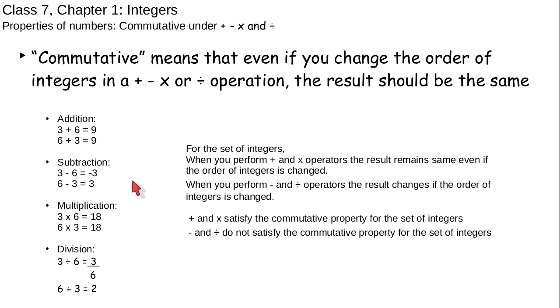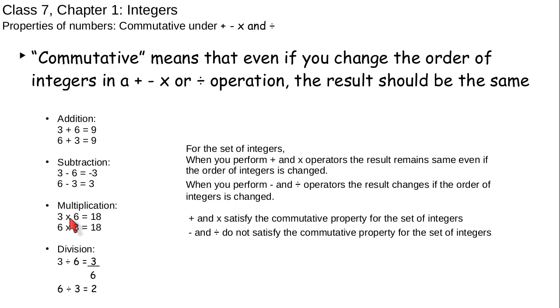Let's see what happens in the case of subtraction. 3 minus 6 is minus 3. And 6 minus 3 is 3. So obviously you can very well see that in the case of subtraction, if you reverse the order of the integers, the result is not the same. Therefore, the subtraction operator is not satisfying the commutative property.